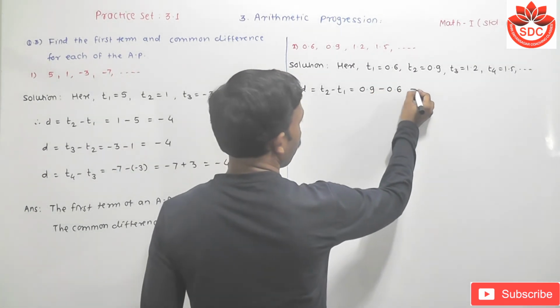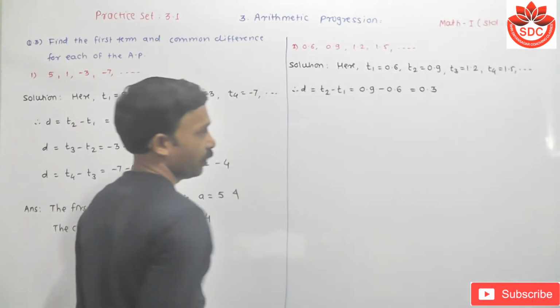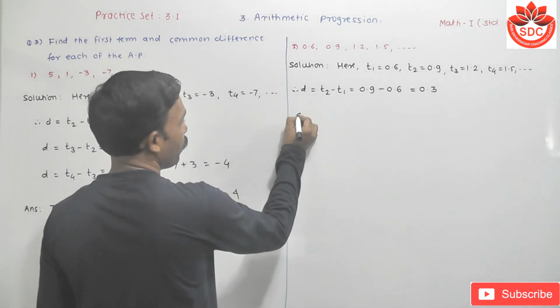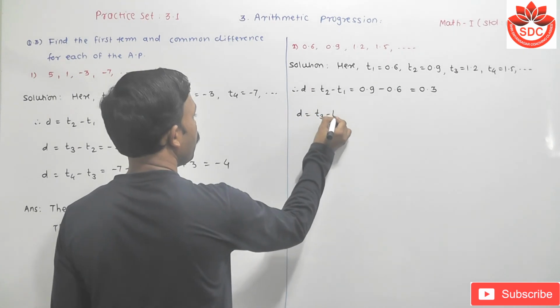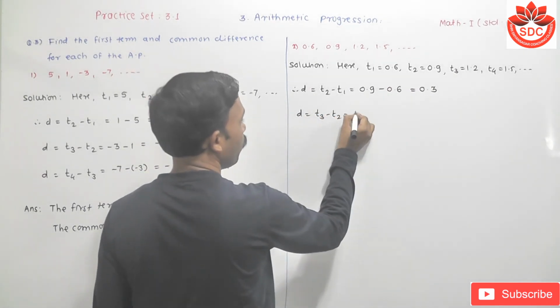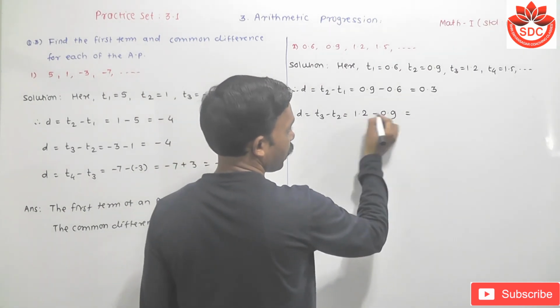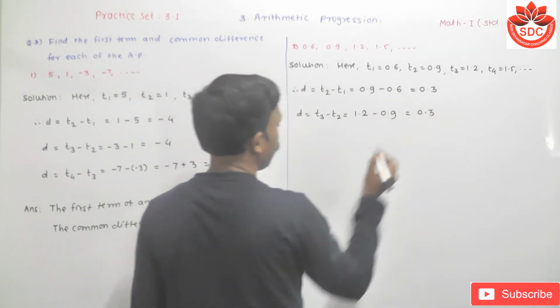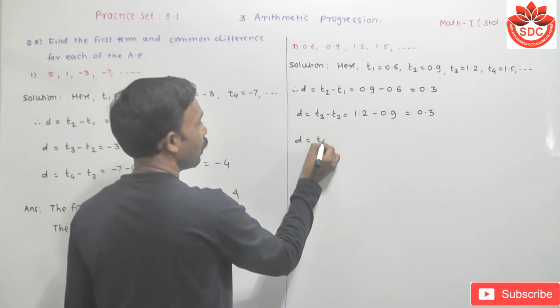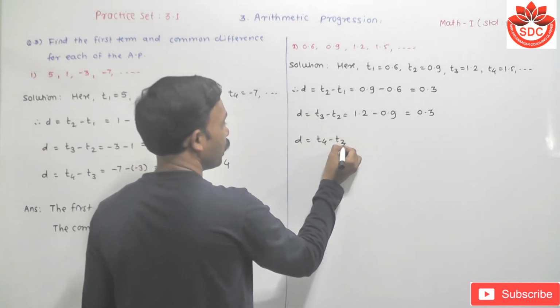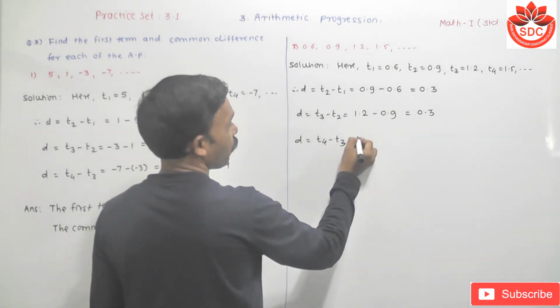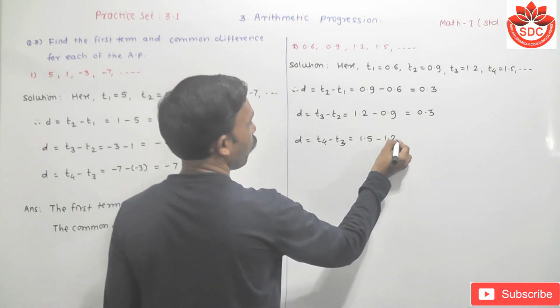When we subtract it, we get 0.3. Then next, D is equal to T3 minus T2. T3 is 1.2 minus T2 which is 0.9. The subtraction is again 0.3. Then next is T4 minus T3, sorry, T3. T4 is 1.5 minus 1.2.